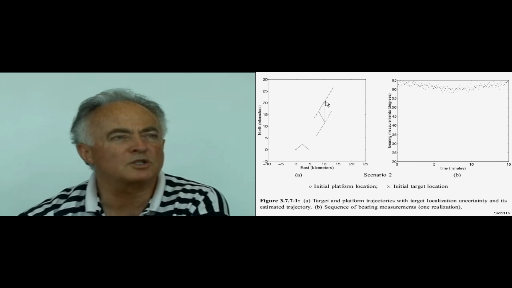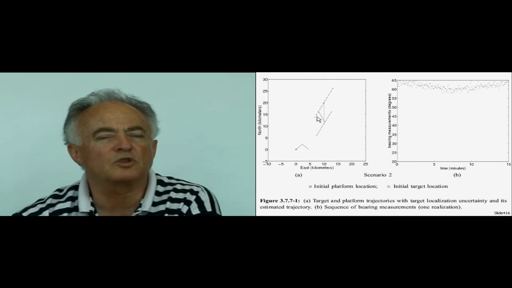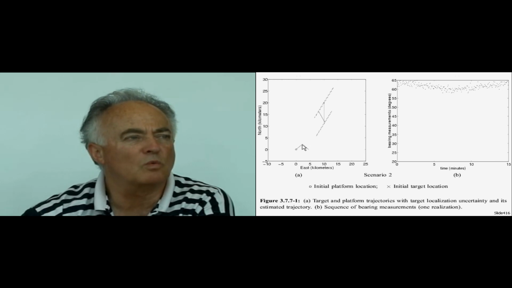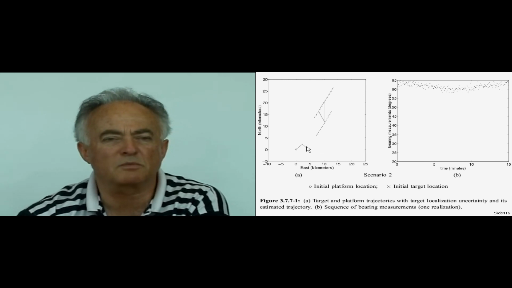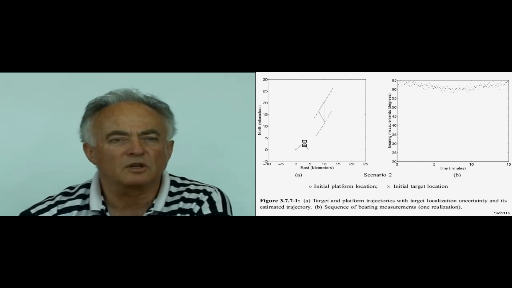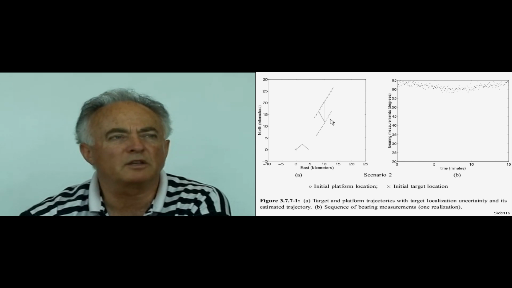This is a marginal observability situation. The maneuver, the change of course, as illustrated in this second scenario, was substantially less beneficial in terms of information gathering, and the CRLB-based ellipses quantify this result.